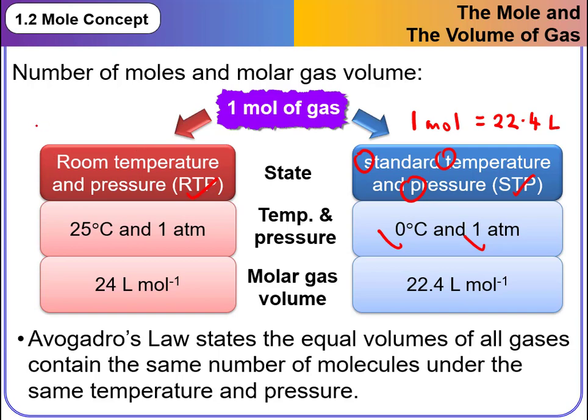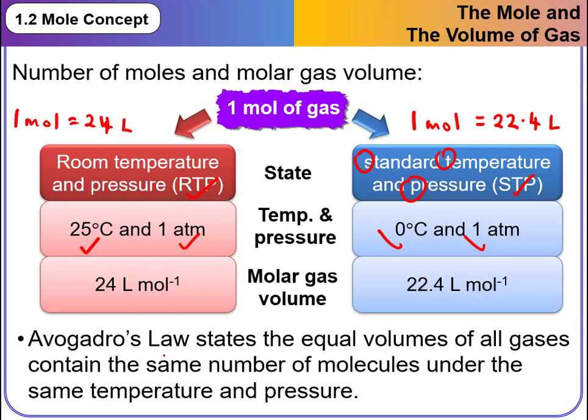How about at room temperature and pressure? It is at 25 degrees Celsius and 1 atm. At room temperature and pressure, 1 mole of gas contains 24 liter or 24 dm cube.